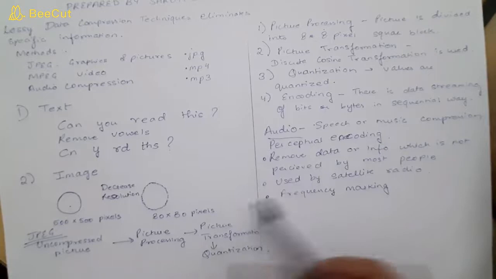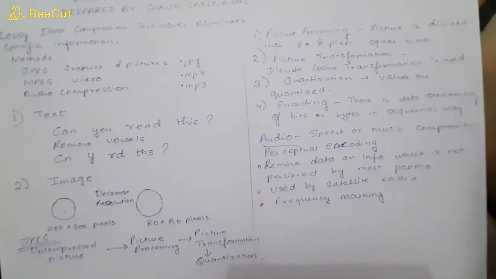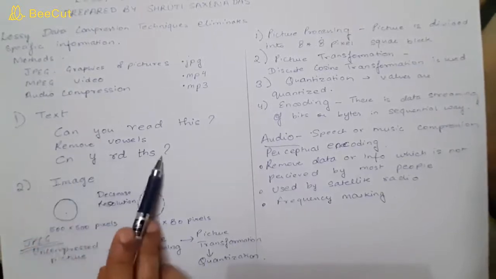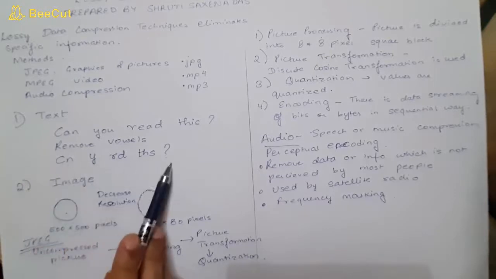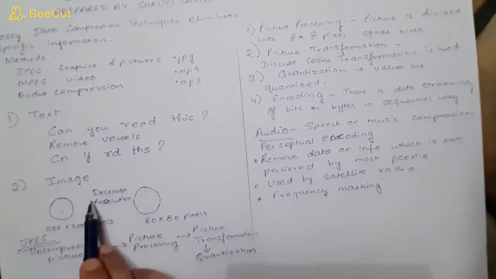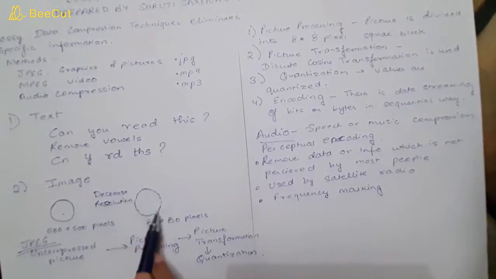So these are the basic techniques which you can use for lossy data compression. You must have seen that in every case some data was lost. In the text example, some data was lost because we removed all the vowels. In the image also, we decreased the resolution, but some blurriness will be there on the edges.